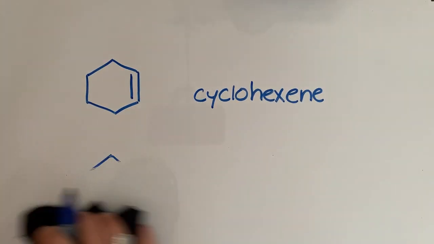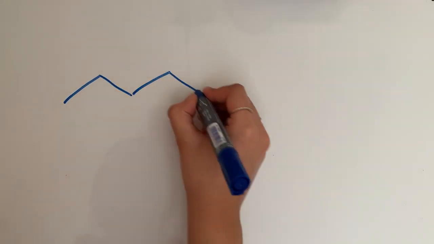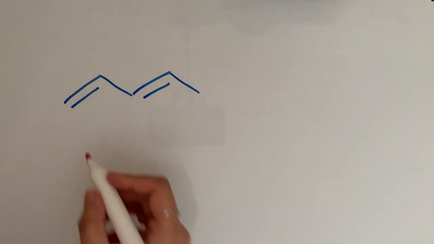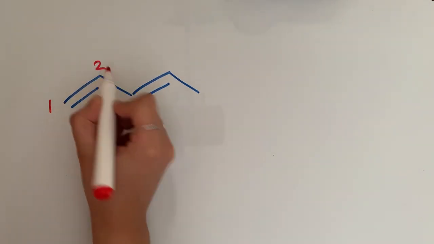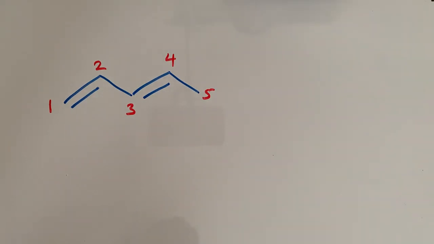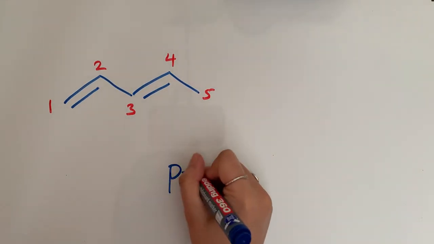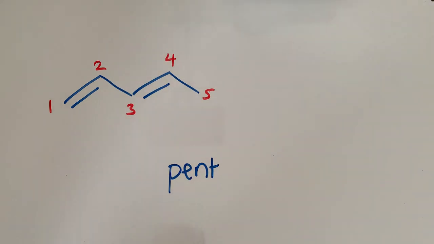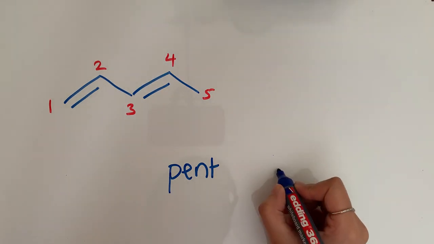Let's also look at when we have more than one double bond. Like this molecule here. Again, it doesn't follow the CnH2n rule. In terms of numbering, we should start numbering from this side: 1, 2, 3, 4, 5, just to make sure the double bonds fall on the smallest number carbons. So this is going to be pent. And now because we have 2 double bonds, the prefix for 2 is di, so this is going to end in diene.